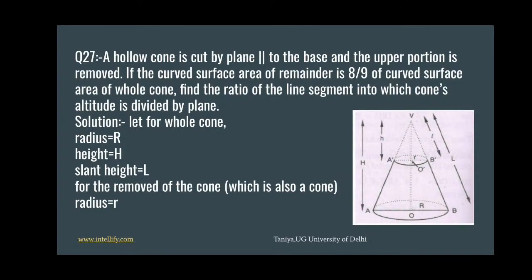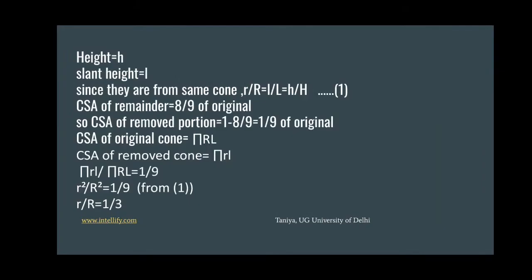Firstly let's assume that for the whole cone, radius is capital R, height is capital H and slant height is capital L, and for the removed cone, radius is small r, height is small h and slant height is small l. Because they are from the same cone, the ratio of their sides will also be equal.